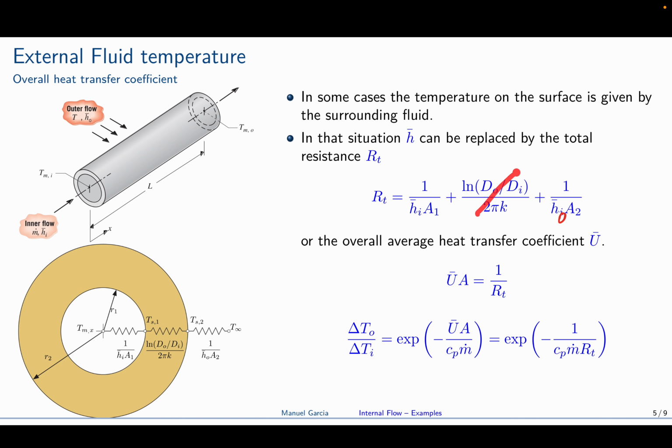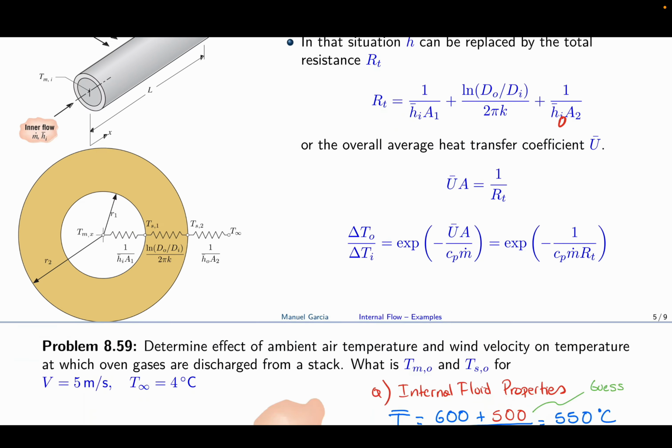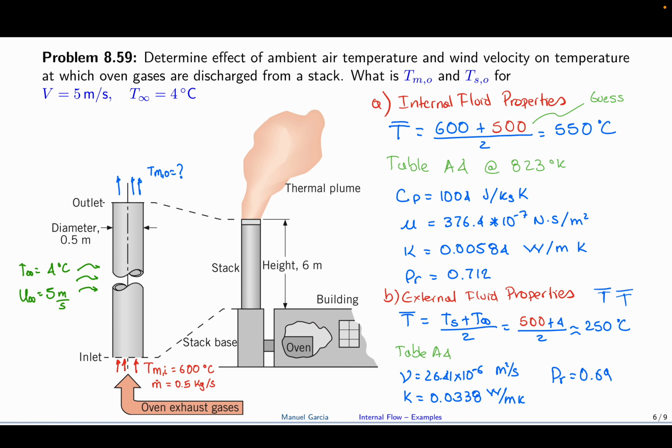So this is neglected in those cases. In fact, for our problem, we are not even given the internal diameter and external diameter. We have been told that the diameter of the pipe is equal to 0.5 meters. So we have to work with that. We just need to find the internal and external heat transfer coefficients.